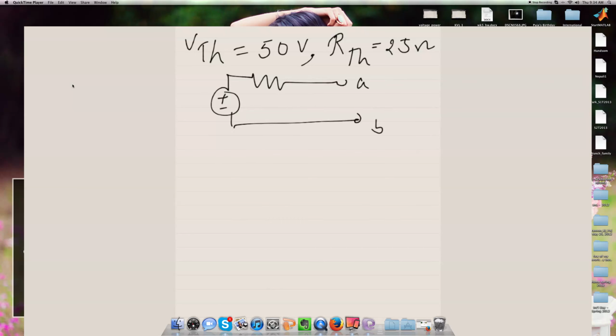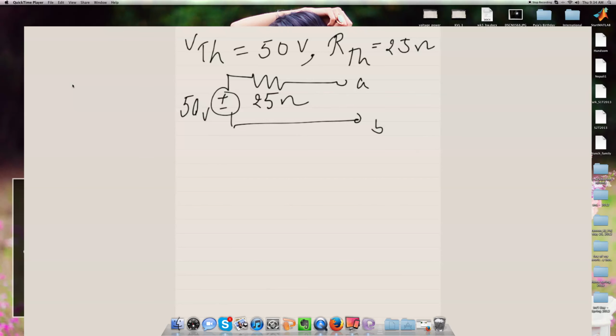So our Thevenin circuit will look like this. Simple thing, 50 volt, and R Thevenin is 25 ohm. So whatever the given circuit could have done, this Thevenin circuit can do. So that is where the Thevenin circuit comes in as equivalent circuit.